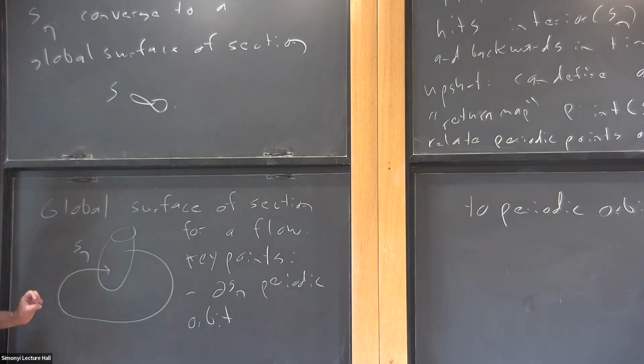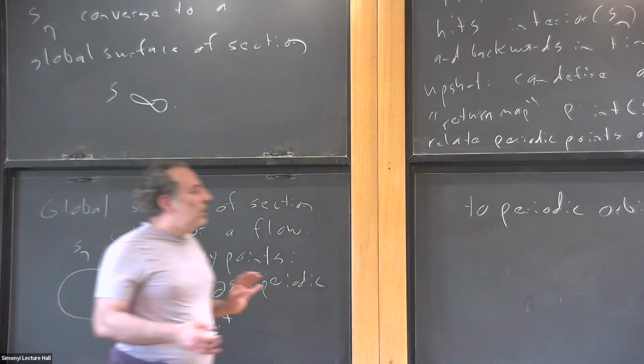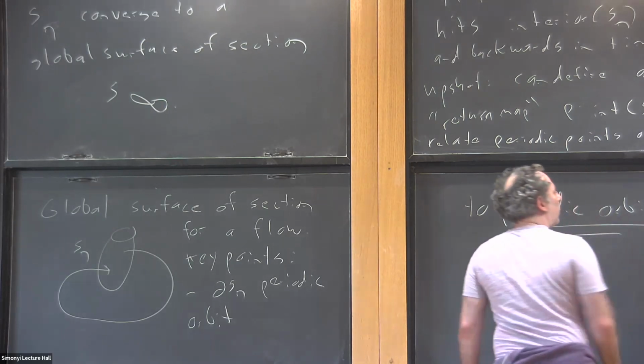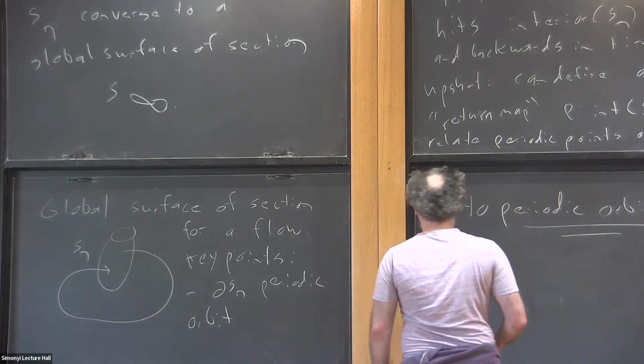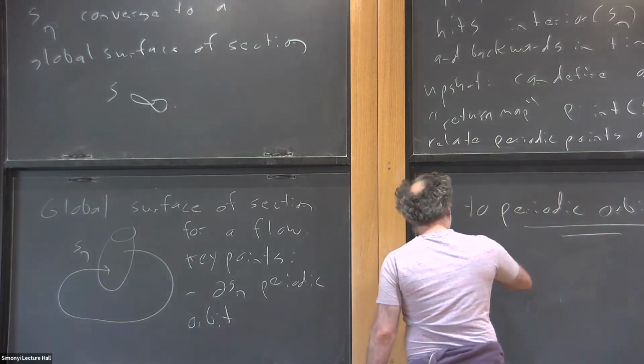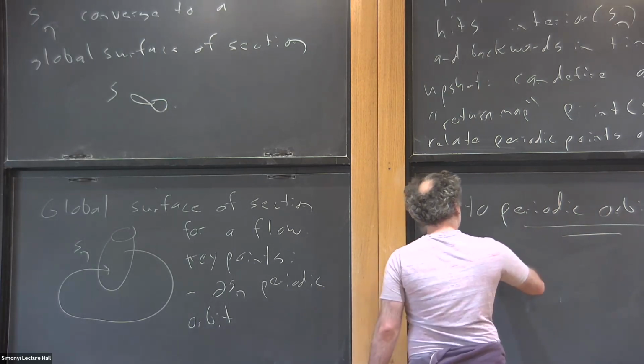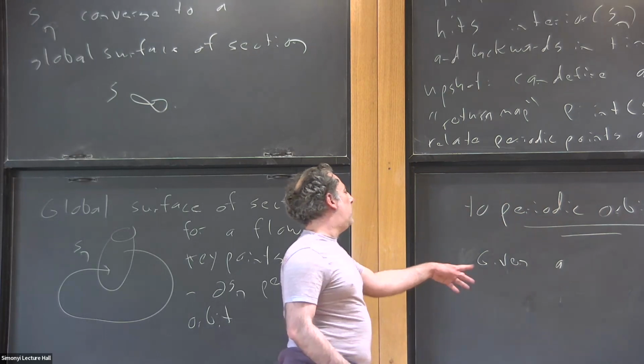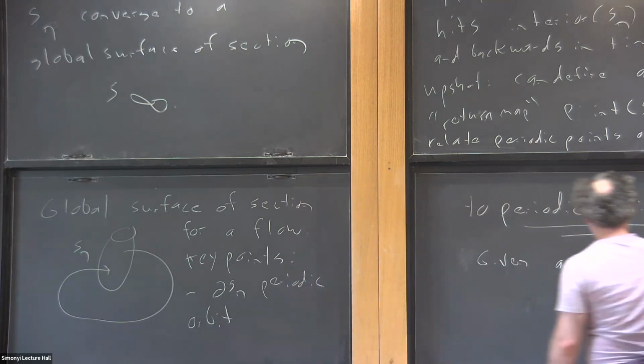Okay, and what I'm really interested in is the situation for lambda. Now I'm going to abbreviate my global surfaces of section by GSS.